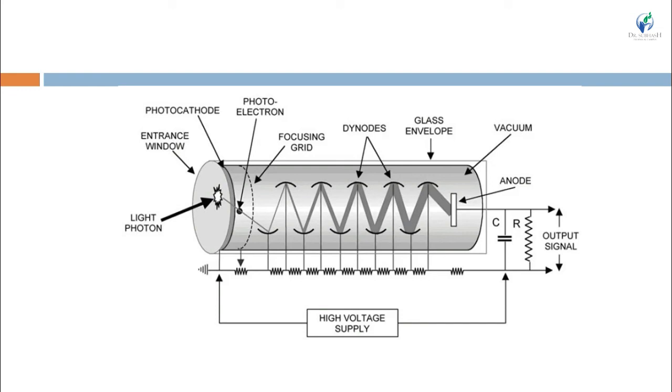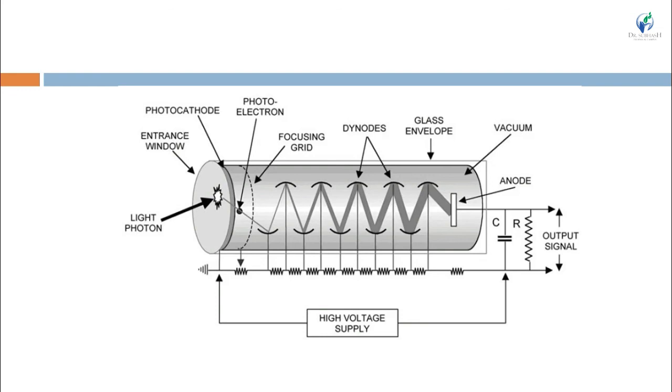I am repeating, students. A photomultiplier tube is made up of a cathode, 10 diodes and then an anode. The radiation coming from the sample is incident upon the cathode. Then the cathode emits electrons. Then these electrons are incident upon the first diode.